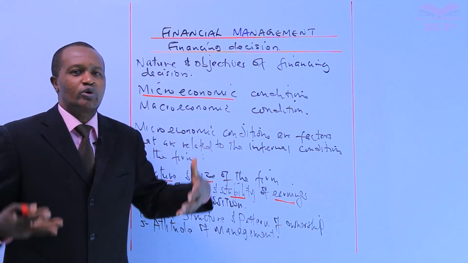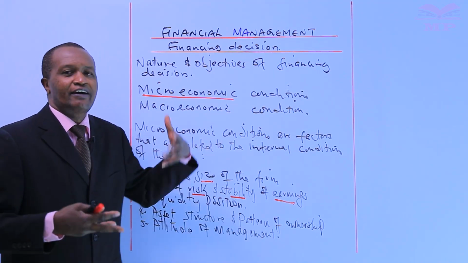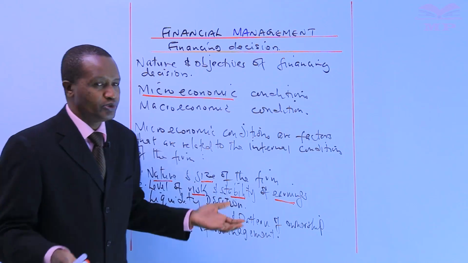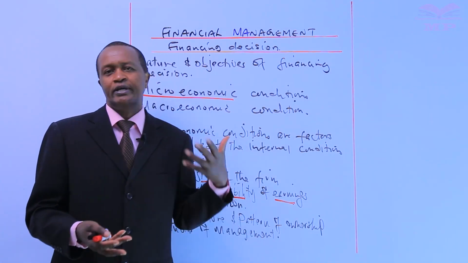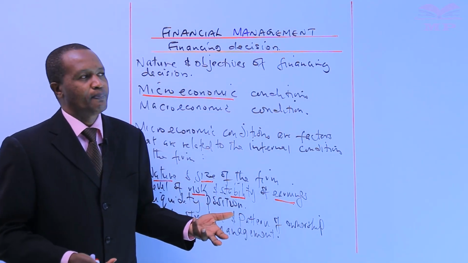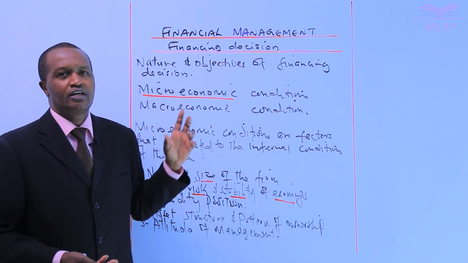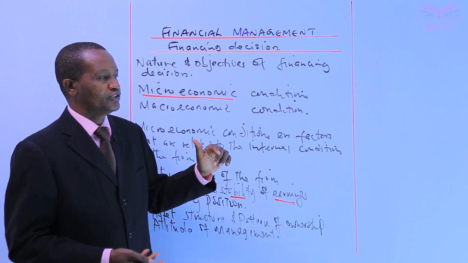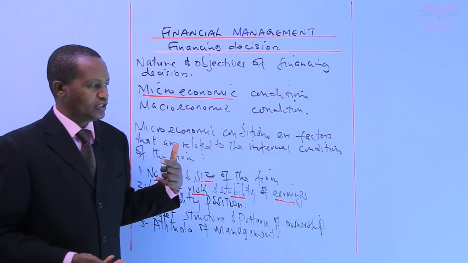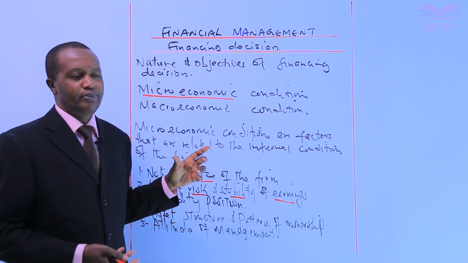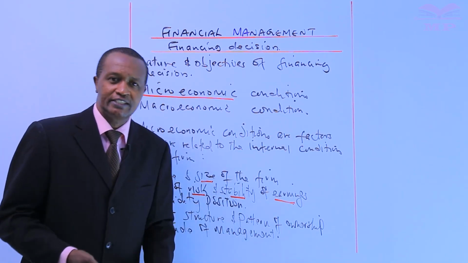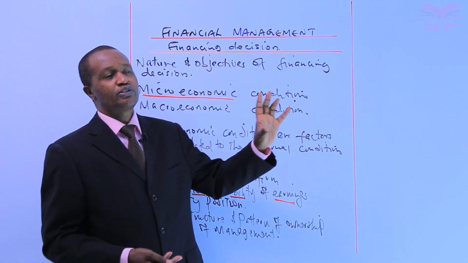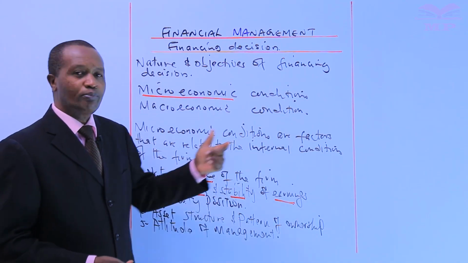The working capital requirements. If the working capital requirements are very large, working capital requirements would relate to things like payment of salaries, payment of maybe trade receivables, paying debtors, paying the day-to-day expenses, buying inventories, raw materials.